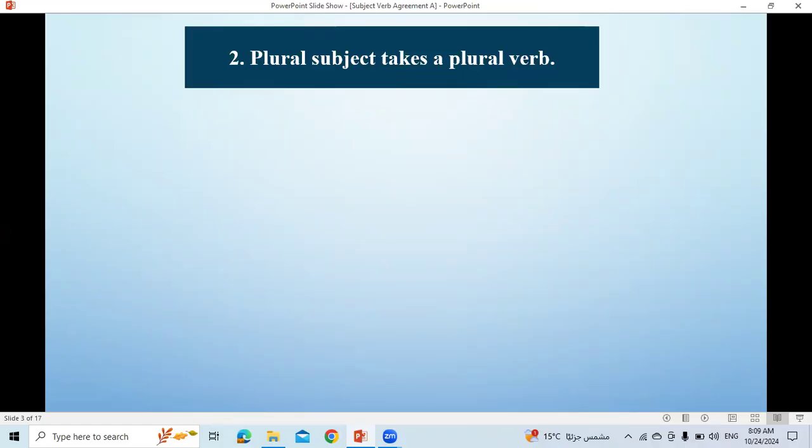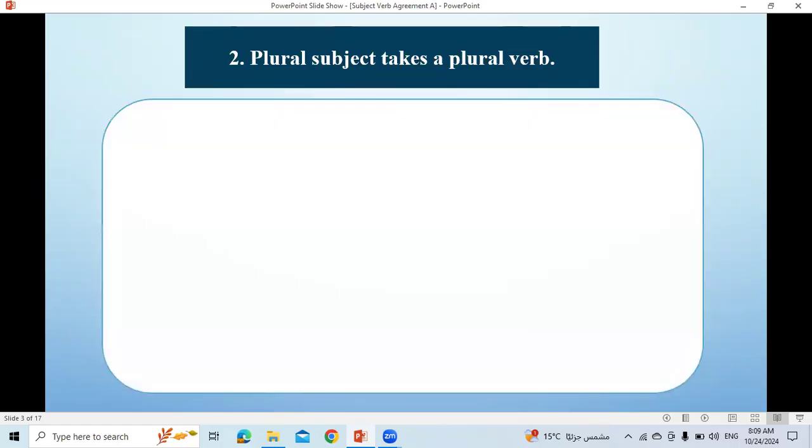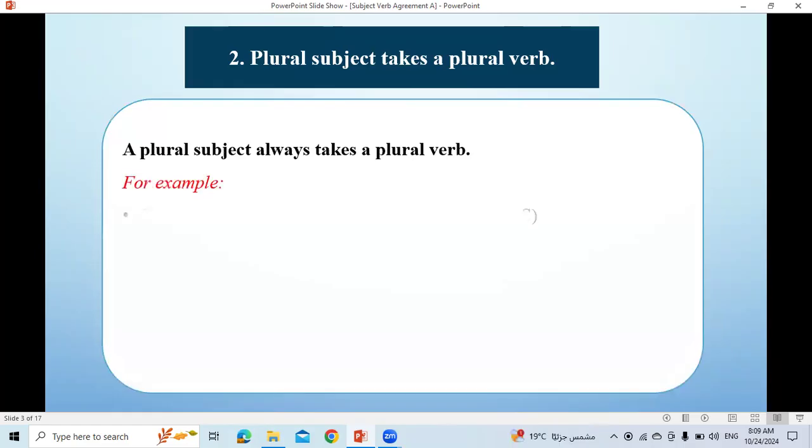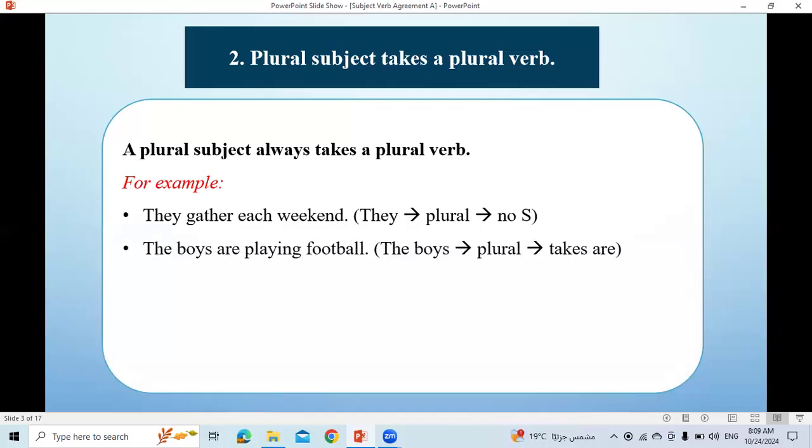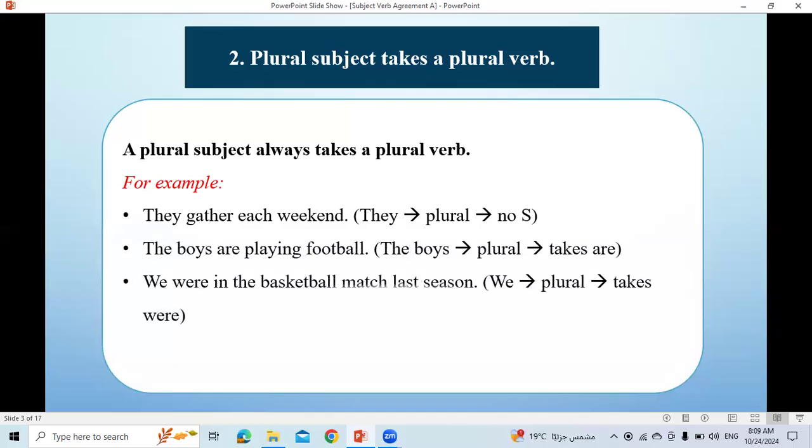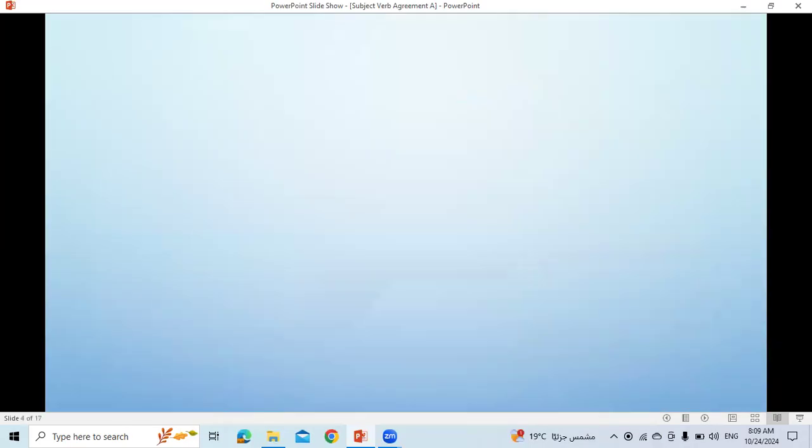For example, they study, my friends come. Or we use are, have, do. For example, they gather. We don't add anything to gather because the subject is they, which is plural. The boys are. We were. You are. You know that.